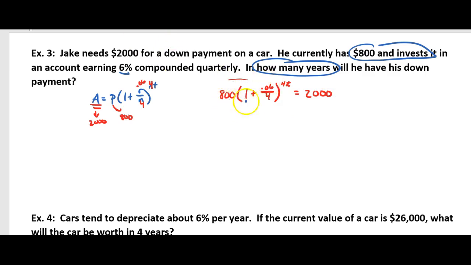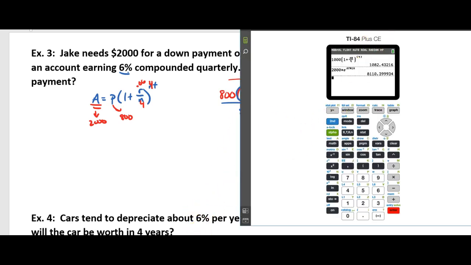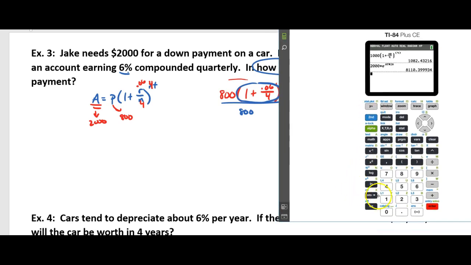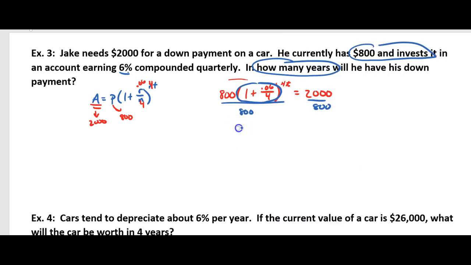So now how do I solve this? Well, I'm solving for t, so the first thing I'm going to do is divide both sides by that 800. Now, if I simplify inside the parentheses, 0.06 over 4 gives me this decimal, 1.015. And 1.015 to the 4t equals, when you do 2,000 divided by 800, 2.5.